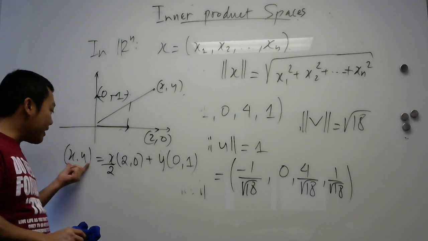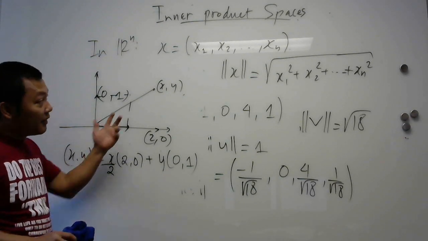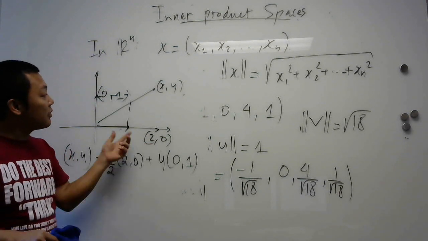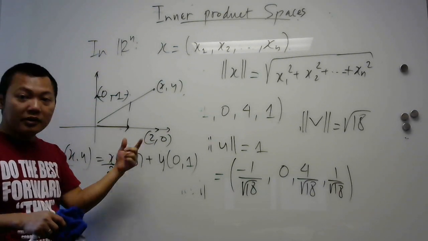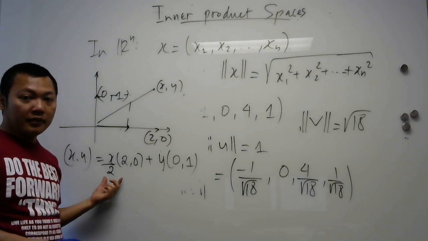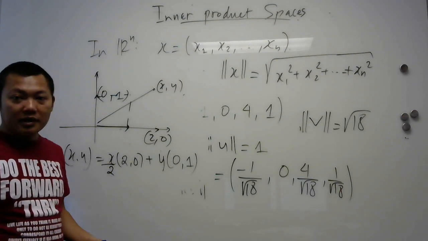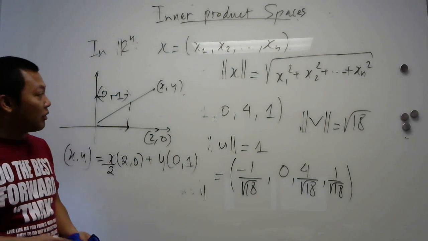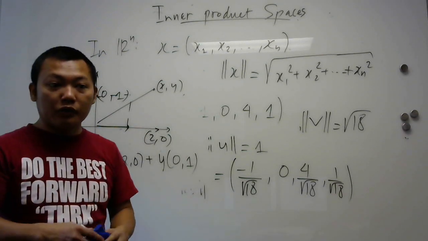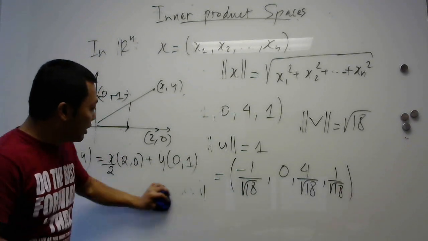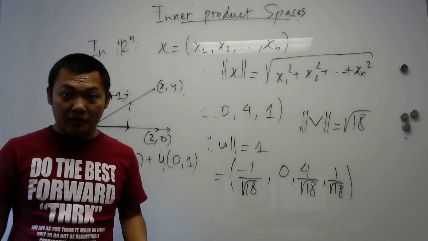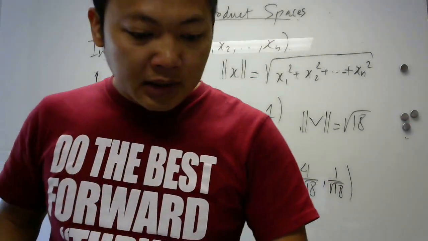So x and y are coordinates of this vector with respect to the standard basis. But with respect to this basis, where one vector is not a unit vector, the coordinates change. Of course, it's not really a beautiful thing. So usually we try to work with bases that have only unit vectors. Okay, that's the first thing.